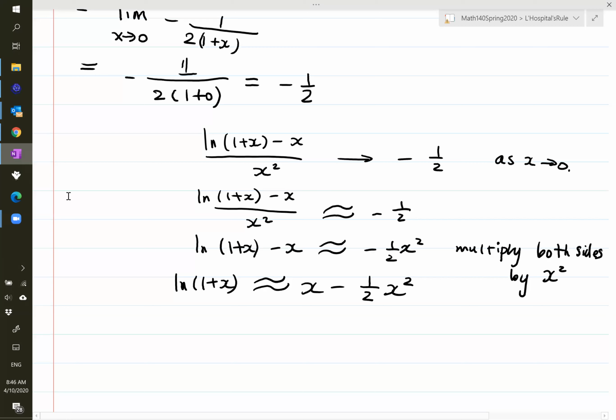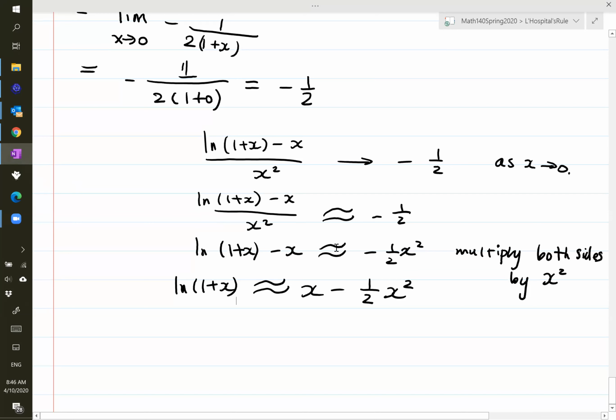This gives us an approximation by polynomials. Of course, we can get a higher degree approximation.